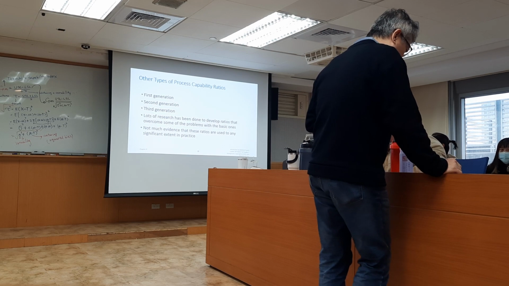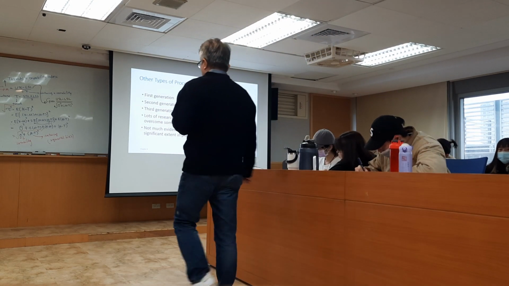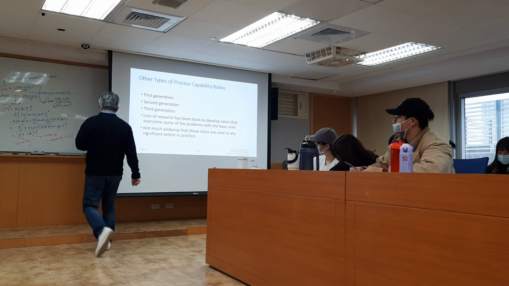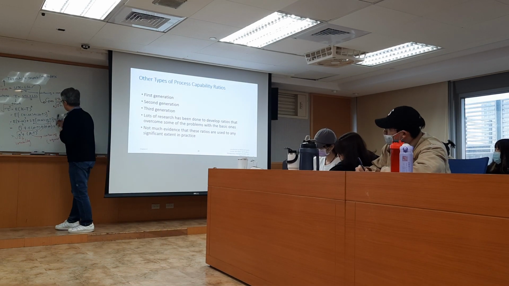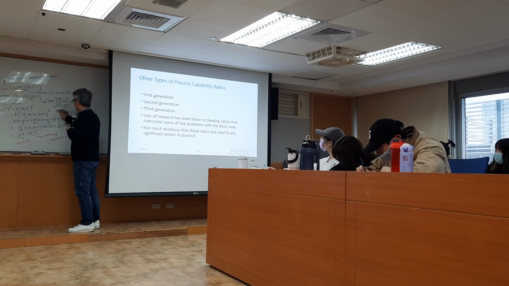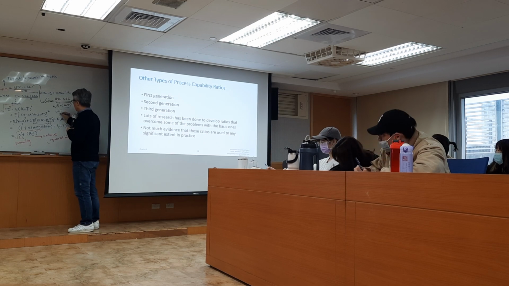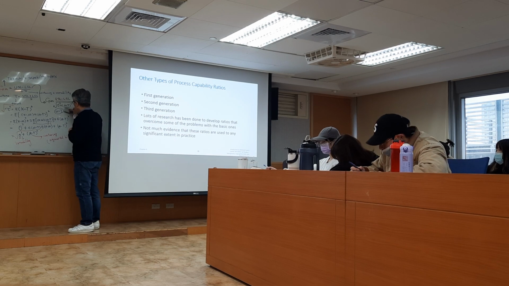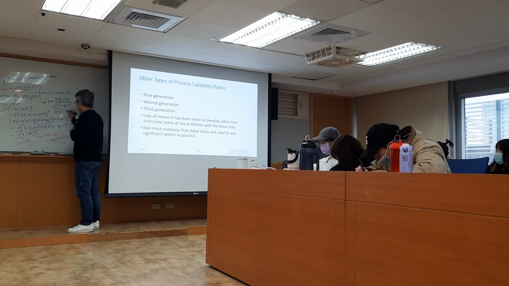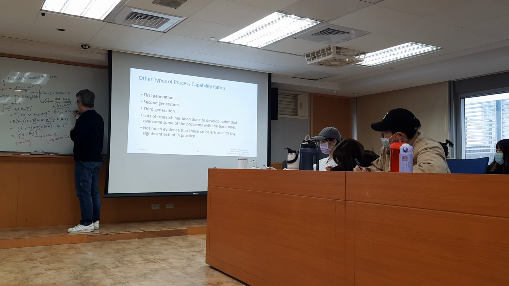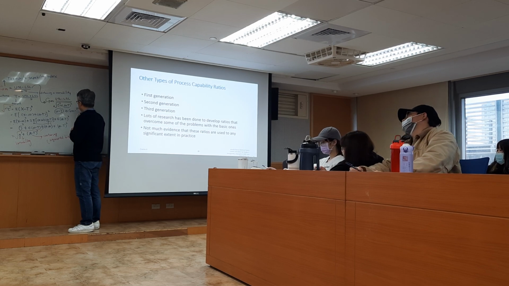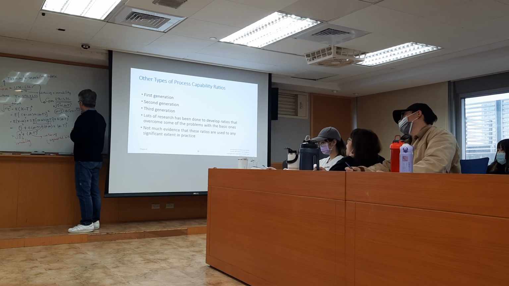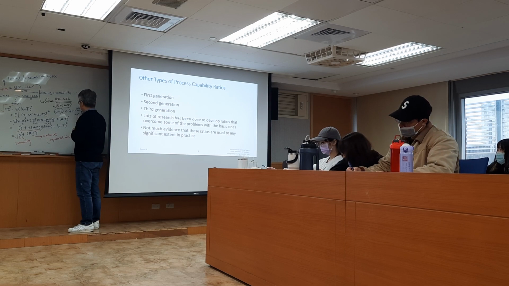This is equation 8.13. If mu equals the target, exactly on the target, then CPM equals the upper specification limit minus the lower specification limit divided by sigma, which is CP.